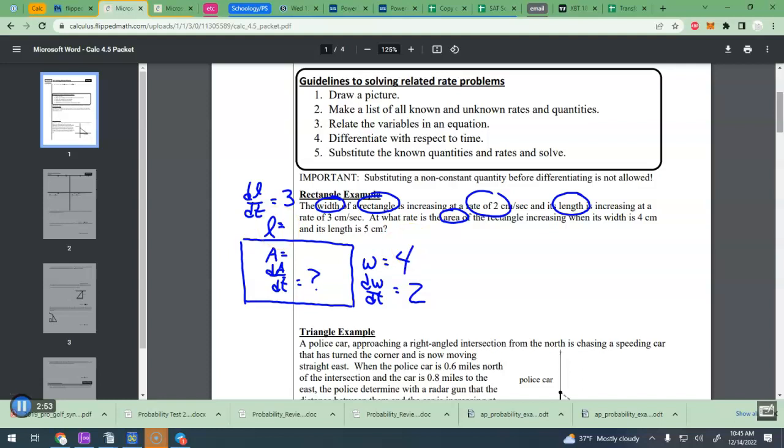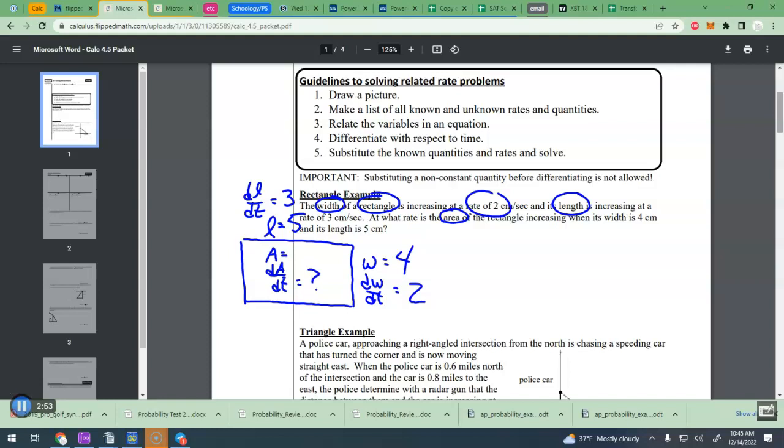Just throwing it another way, sometimes they won't tell you the length is 5. They'll tell you the width is 4 and the area is 20. Then you have to realize area is length times width and figure out that the length is 5. Heads up for that. This one they just give it to you.